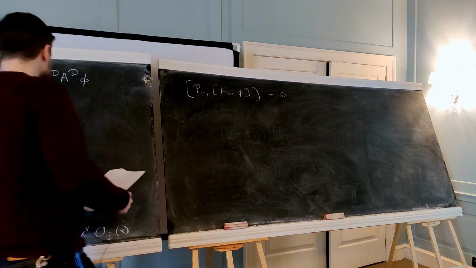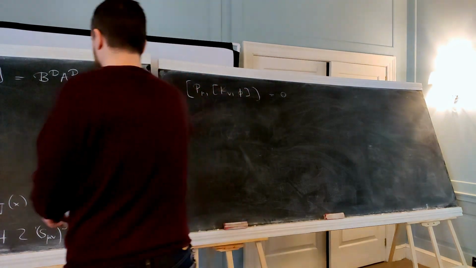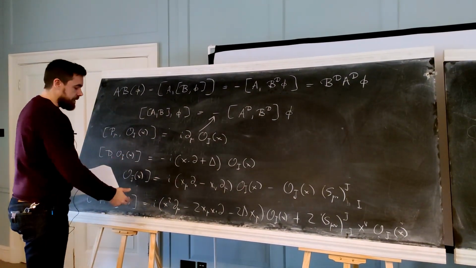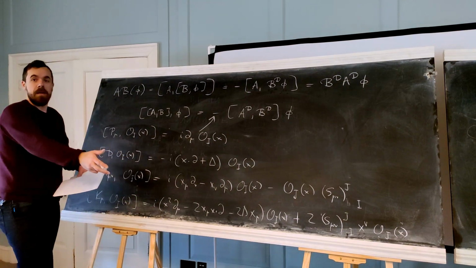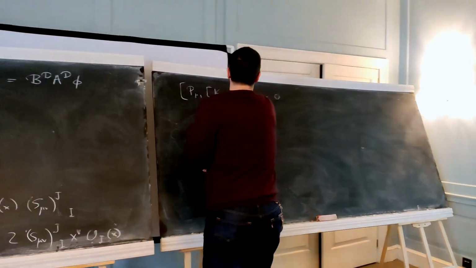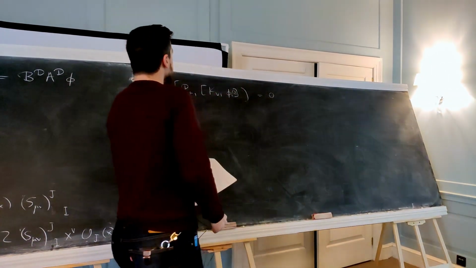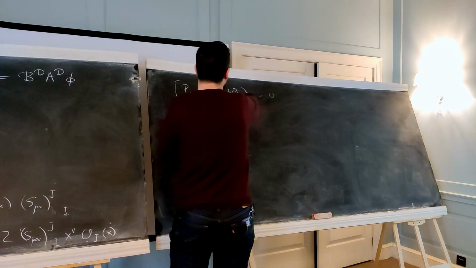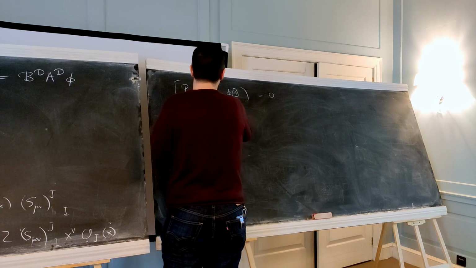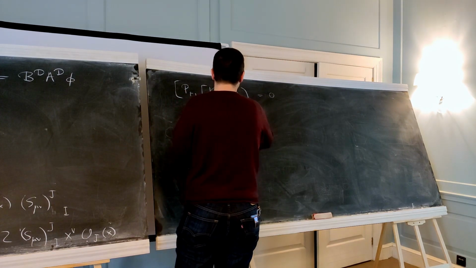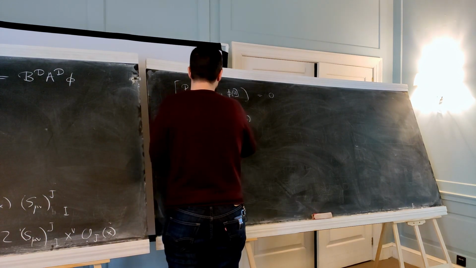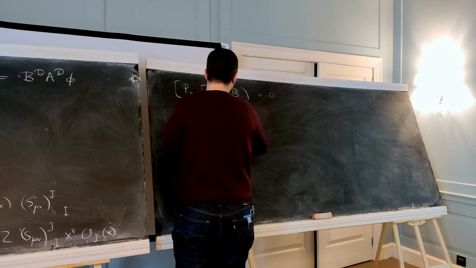Rather trivially, and this is another way to call an operator a primary. It's annihilated by K mu when it is inserted at the origin. So for a primary phi, I better get this. Now there are two things you can write. You can write P mu differential, K nu differential on phi at 0, or K nu differential, P mu differential on phi at 0.